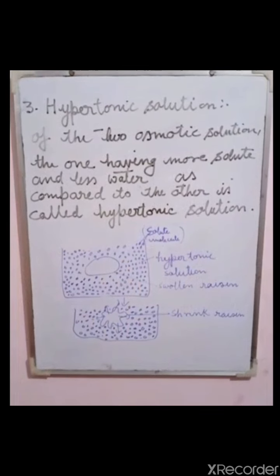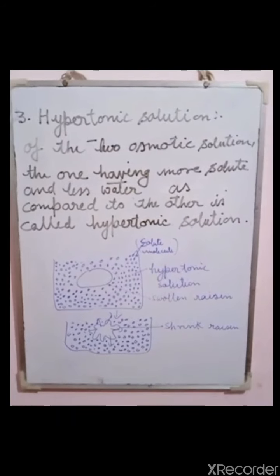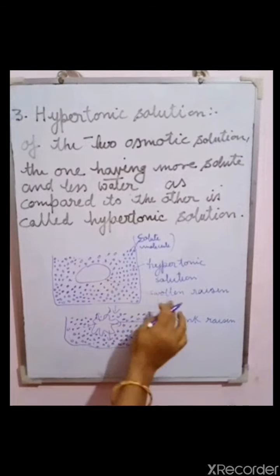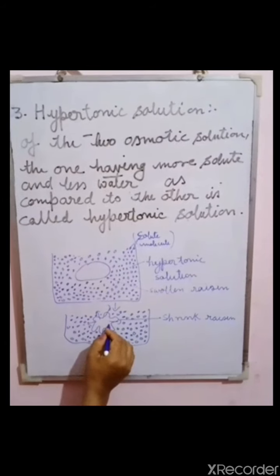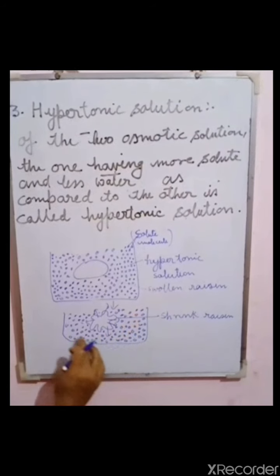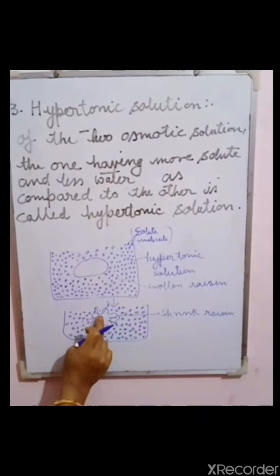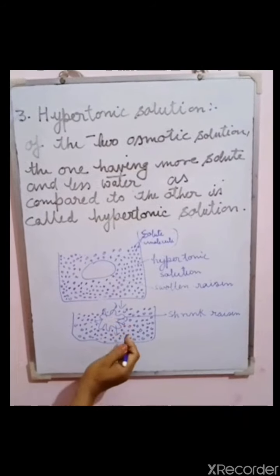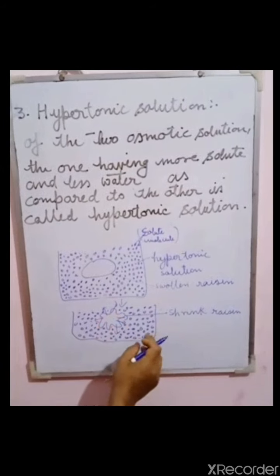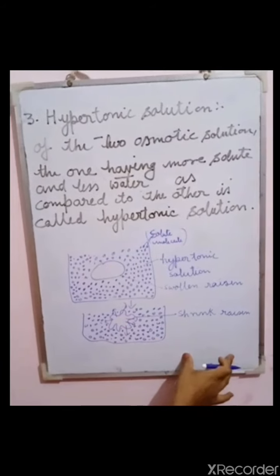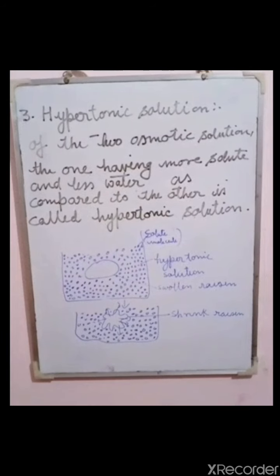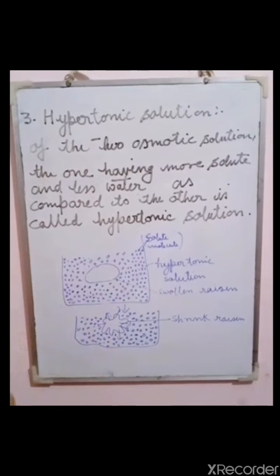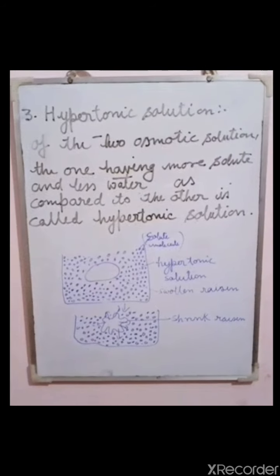If the raisin is placed in hypertonic solution, the raisin loses water and reduces in size, because water moves outside, as outside water concentration is less and inside water concentration is more. So water moves from higher to lower concentration and the raisin shrinks. This is also called exosmosis. Now in hypotonic solution, endosmosis takes place. In hypertonic solution, exosmosis takes place.